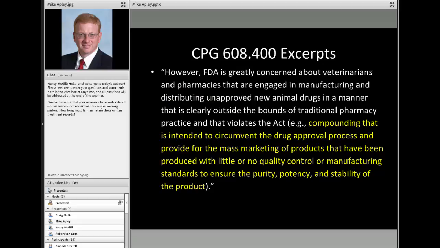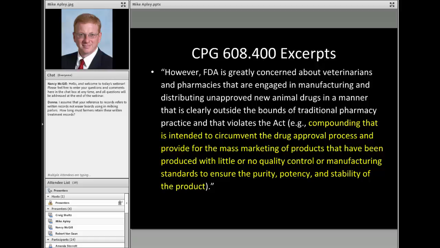These are just some excerpts that I've included from guidance 608.400 from the FDA on compounding. And the yellow part on this slide emphasizes that when compounding is intended to circumvent the drug approval process, that's where they really get an issue with that. And there's a huge difference between a generic drug, again, and a compounded drug.